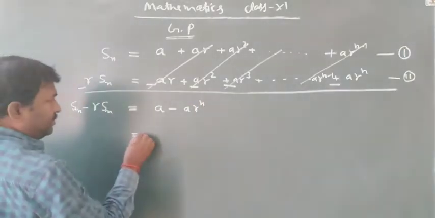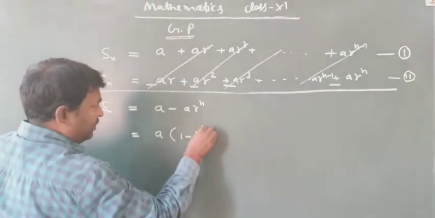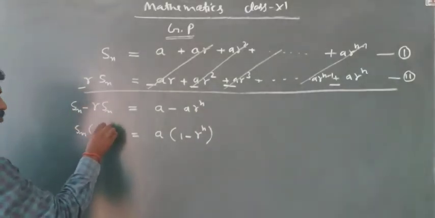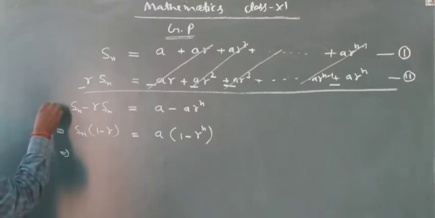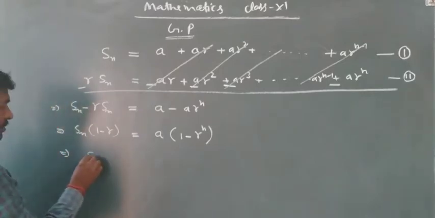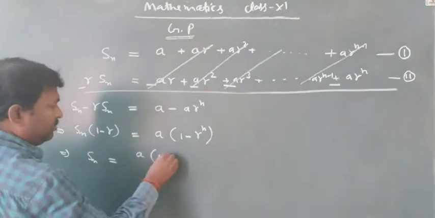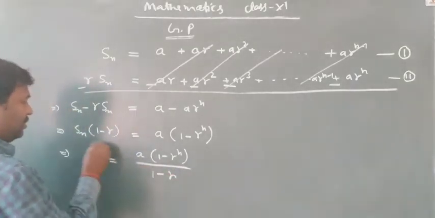It implies that if you take a as common, you will get 1 minus r power n. Here, if you take Sn common, you will get 1 minus r. It implies that Sn is equal to a into 1 minus r power n upon 1 minus r.